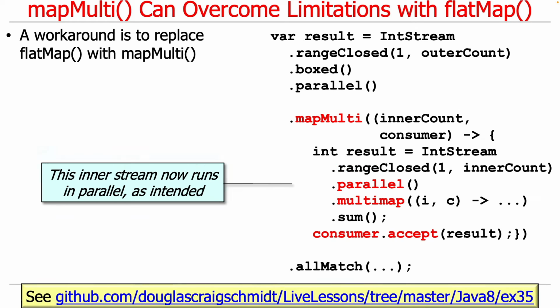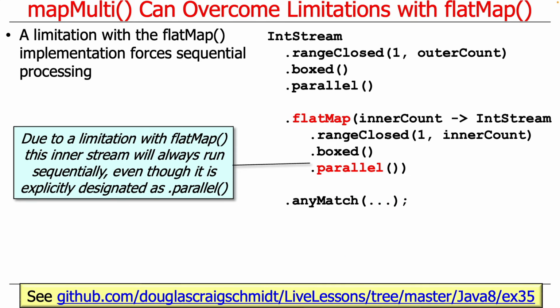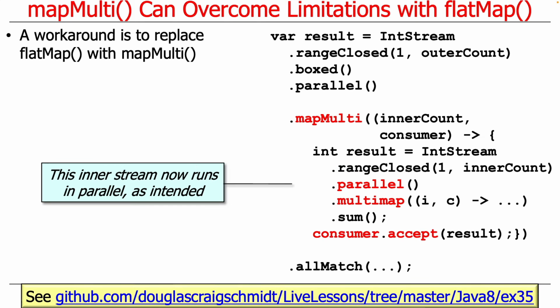And we'll look at that in more detail. Something else we'll look at in more detail is you can replace the use of flatMap with mapMulti, and you can get the inner parallel streams to run in parallel as intended. I won't go through this example in detail right now. We'll look at it in more detail here shortly.